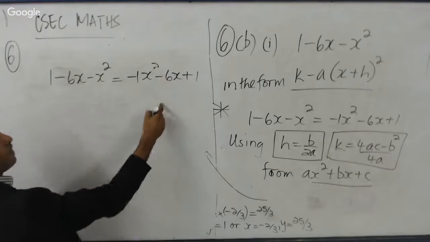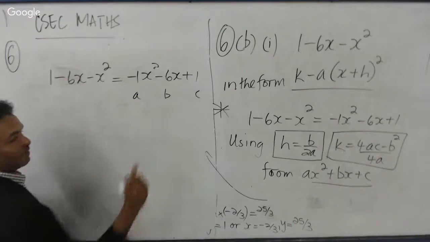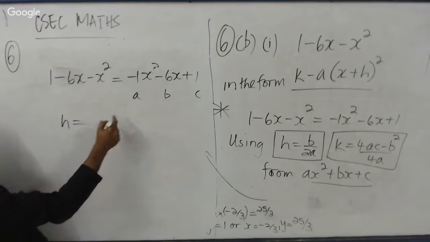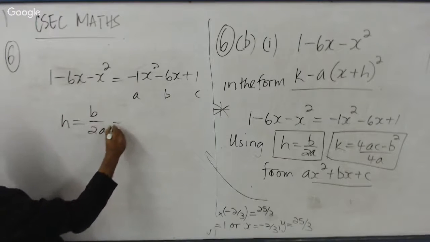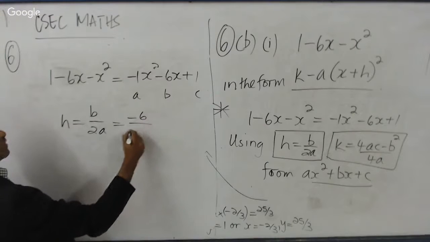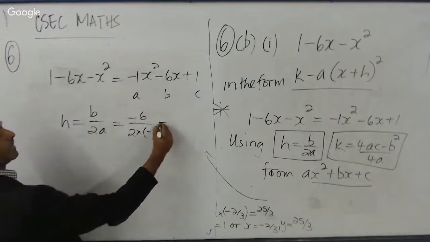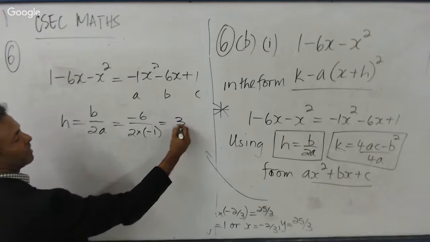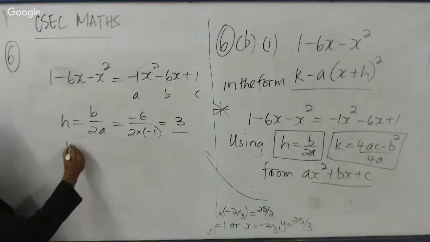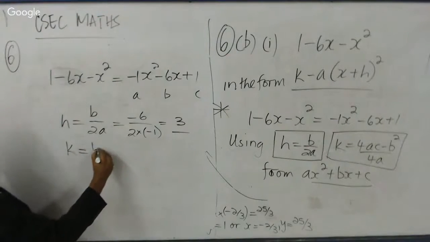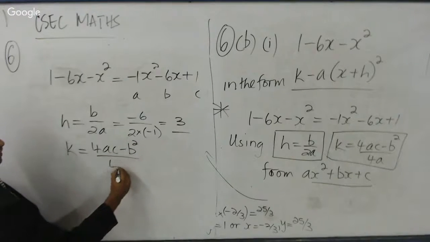So if you're using the formula, this is a, b, c in the formula. So h then is b over 2a, which would be minus 6 over 2 times negative 1. And what you end up getting is negative 6 over negative 2, which is 3. The k is equal to 4ac minus b squared over 4a.